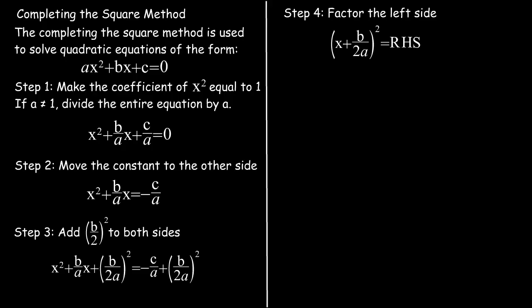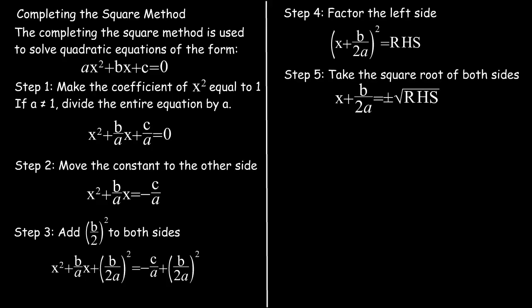The next step, step 5, is to take the square root of both sides. Taking the square root of both sides, it becomes x plus b over 2a equals, since we're taking the square root, we know we're going to have two values, a positive value and a negative value, plus or minus the square root of our right hand side. Making x the subject of the formula, x equals minus b over 2a plus or minus the square root of our right hand side.